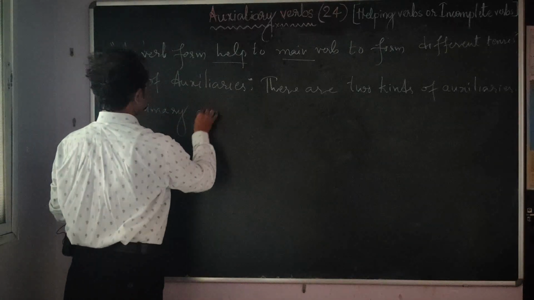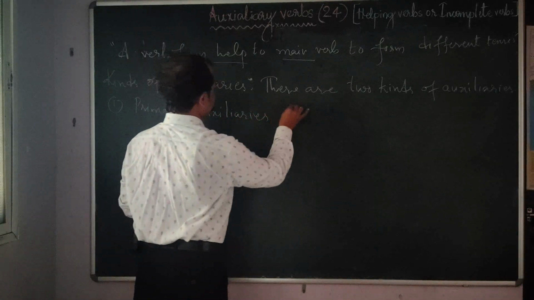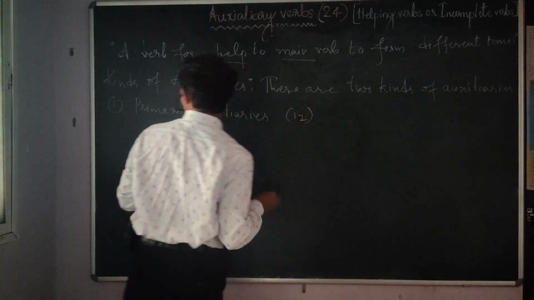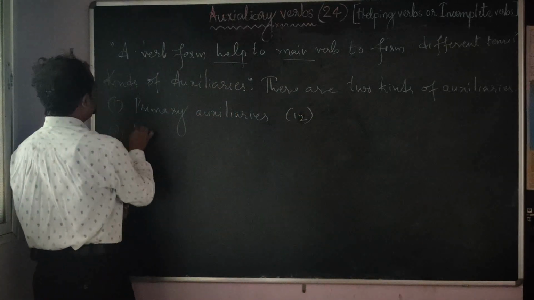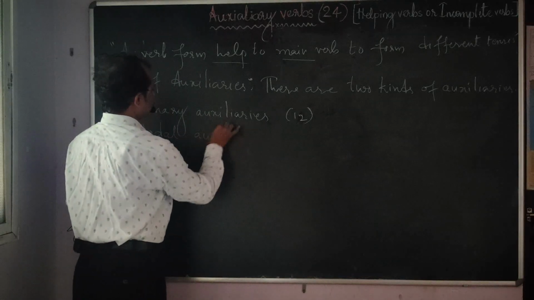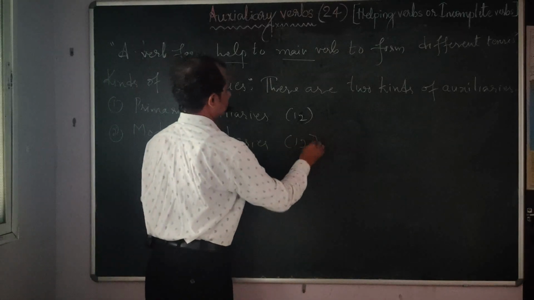Primary auxiliaries are 12. The second is modal auxiliaries. Modal auxiliaries are also 12.